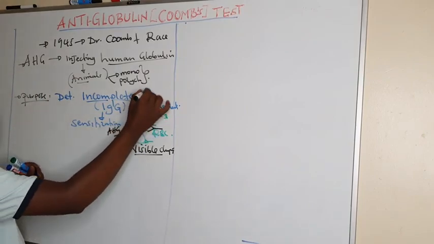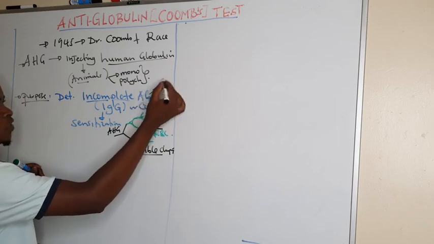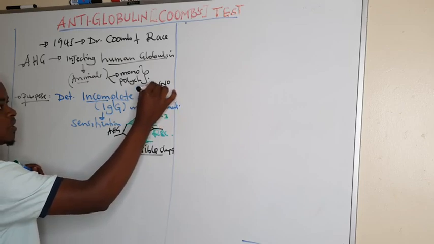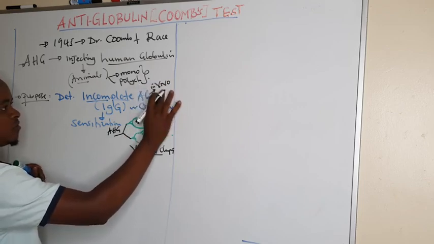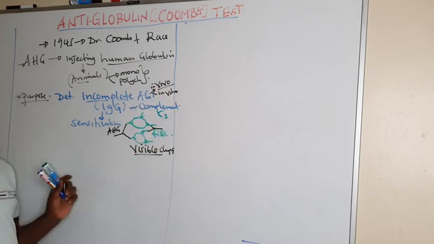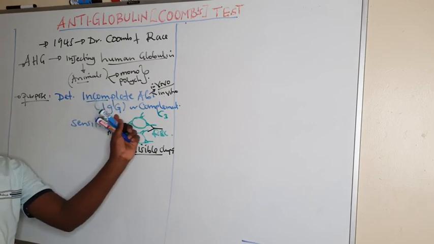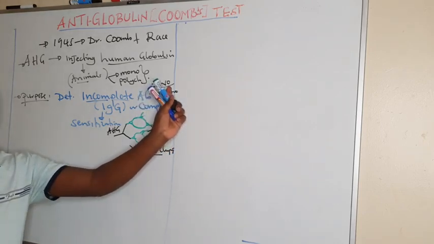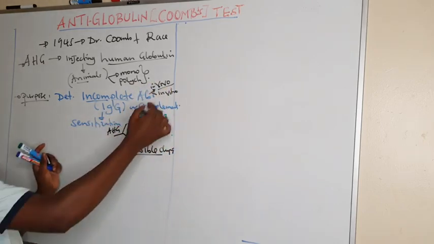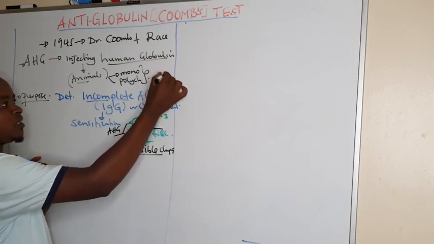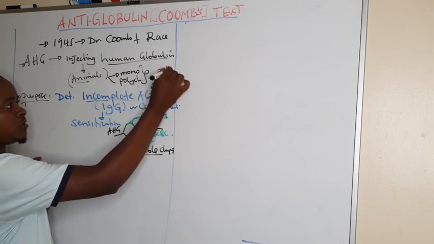These incomplete antibodies can be produced within the body, that is in vivo, or they can be detected in vitro. In vivo means the red cells are sensitized by these incomplete antibodies or the complement within the body. Here, if the sensitization is in vivo, we do what we call the direct Coombs test.